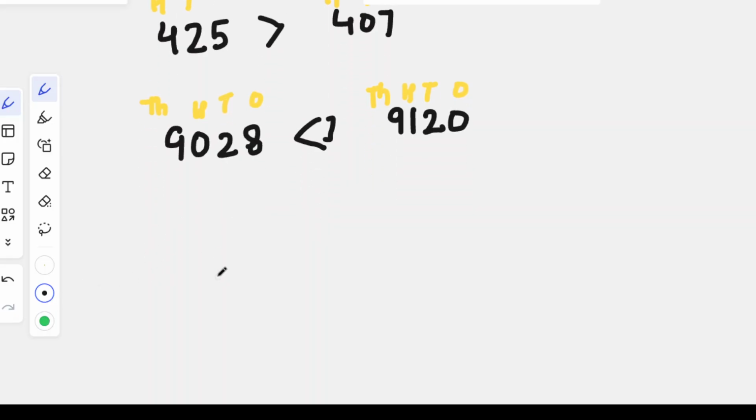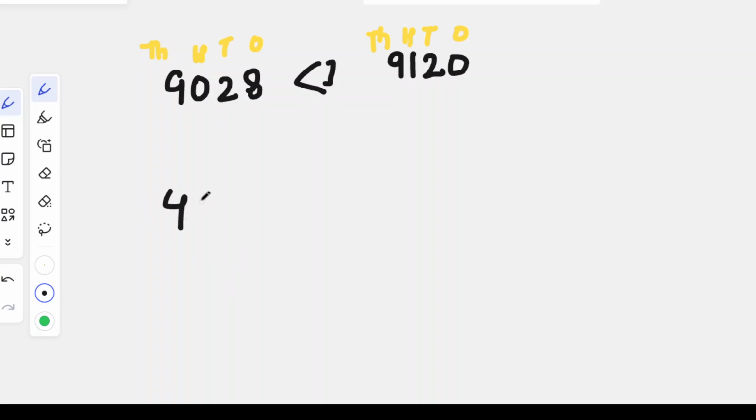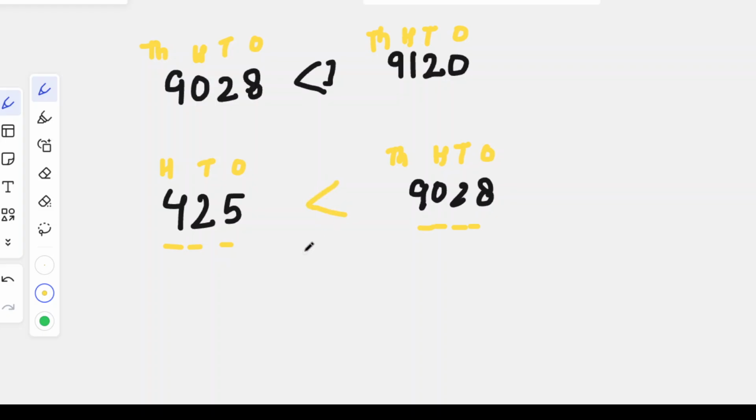Next one we have 425 compared to 9028. So here we can see that one number is 3-digit number and the other number is 4-digit number. So when this situation comes, what you have to do? You have to just count the number of digits, and whichever number has the higher number of digits in them, that will be greater.